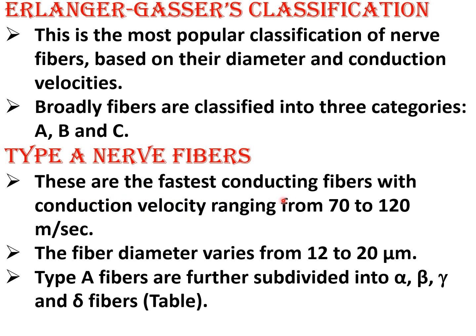These are the fastest conducting fibers with the conduction velocity that ranges from 70 to 120 meter per second, and the fiber diameter varies from 12 to 20 micrometer. Type A fibers are further subdivided into alpha, beta, gamma and delta fibers.